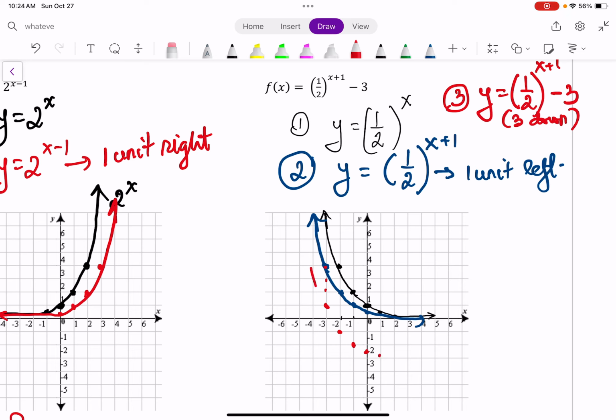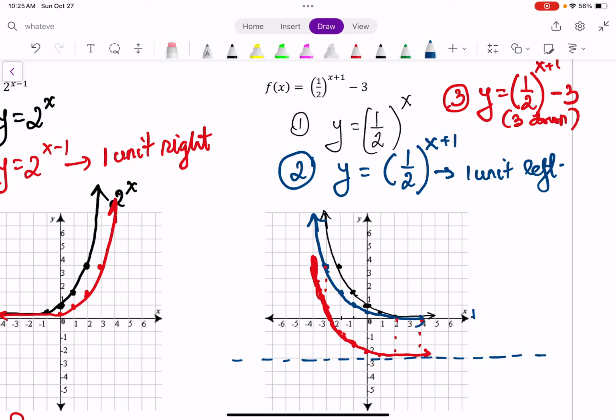Okay, so take these points, moving them 3 units down. Now keep in mind that as this graph moved 3 units down, it doesn't mean it's going to all of a sudden go down to negative infinity. All these points had to go down 3 units, but your graph still has this horizontal line that it can't pass.